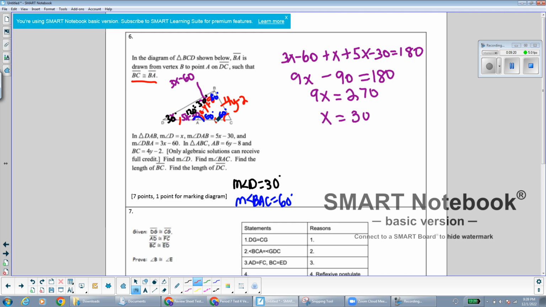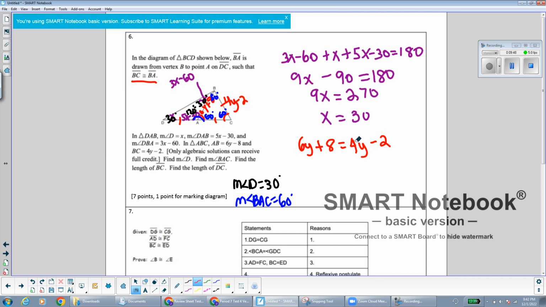So this side, this side, and this side are all the same as each other. Interesting. That's going to help us out in the next part when we're finding a side length because the next part says we've got to find the length of BC. Since we know that in this triangle all the sides are equal, we can make an equation that says this side, which is 6y minus 8, is equal to this side, which is 4y minus 2. So 6y minus 8 is equal to 4y minus 2.